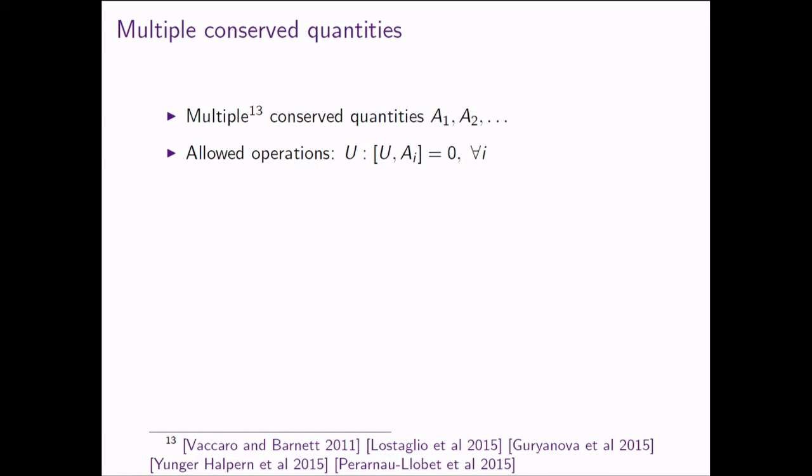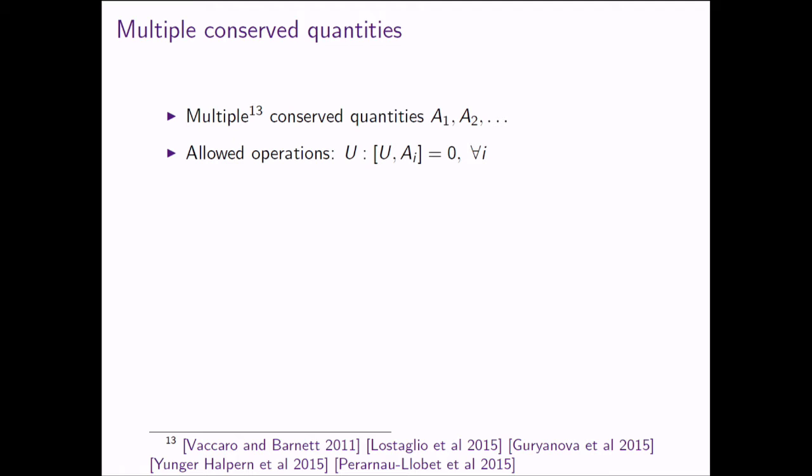The other thing that you can do is, well, we have this framework where we have only one conserved quantity, which is the energy. We only care about energy. And now we say, maybe in real life, there are also other laws like momentum conservation or some other quantity that needs to be preserved. So let's just expand the framework.